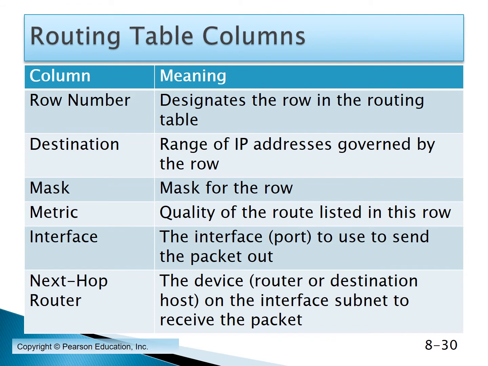In the routing table, usually we will have the following columns or attributes. First is the row number, which designates the row in the routing table. The second one is the routing destination, the range of IP addresses covered by the row. And the mask, that is the mask for that row.